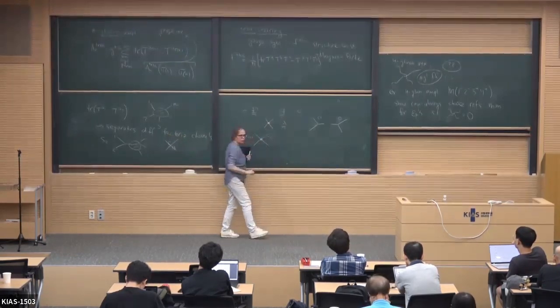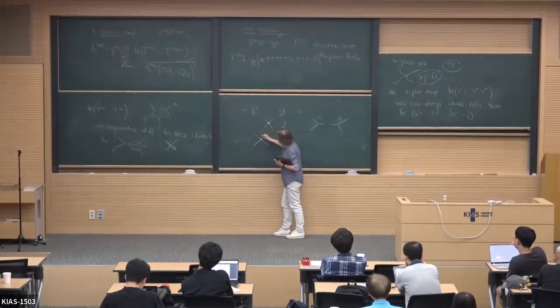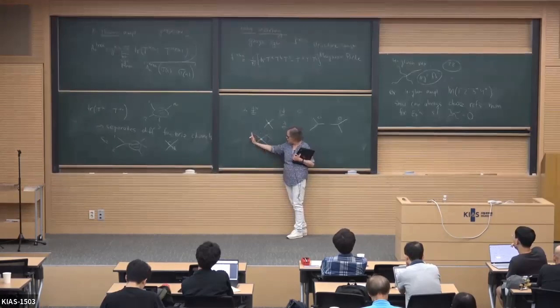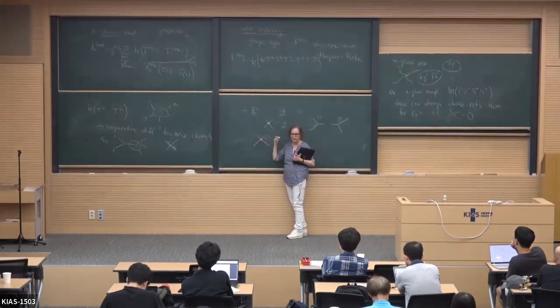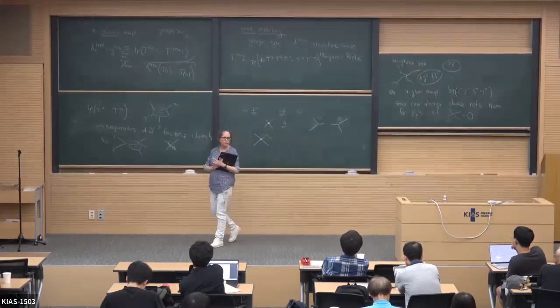Now I have a 5-point amplitude. And you see that the 5-point amplitude can factorize on this. So everything that I write down up to a certain point is an input to the higher point amplitudes. And I can get those by factorizing on these lower point things. More questions?